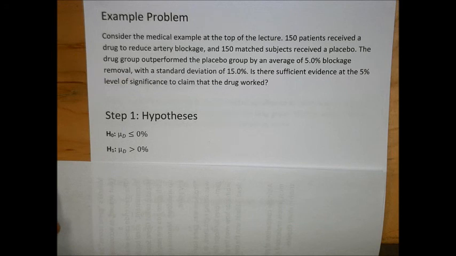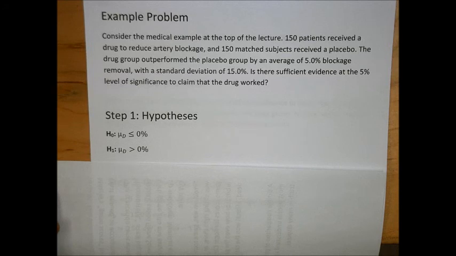We would hope that the only difference between each pair is that one receives a drug and one receives a placebo. In this particular study, the drug group outperformed the placebo group by an average of 5% blockage removal, with a standard deviation of 15%. Is there sufficient evidence at the 5% level of significance to claim that the drug worked?